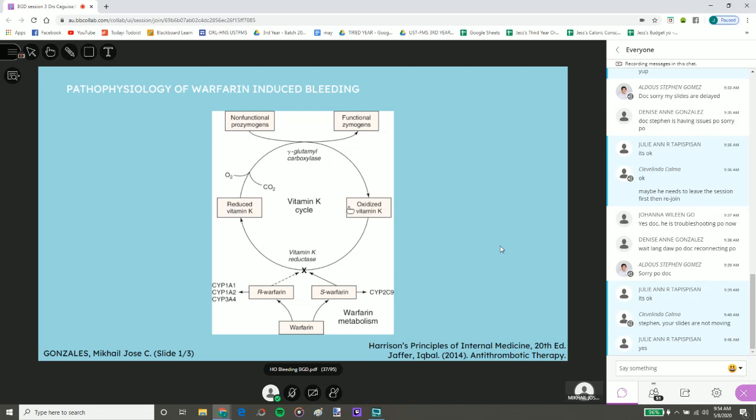Vitamin K from the diet is reduced by your vitamin K reductase, and the reduced vitamin K acts as a cofactor for your carboxylase enzyme to activate your prozymogens into your functional zymogens. A person given warfarin will essentially break this cycle because warfarin inhibits vitamin K reductase.